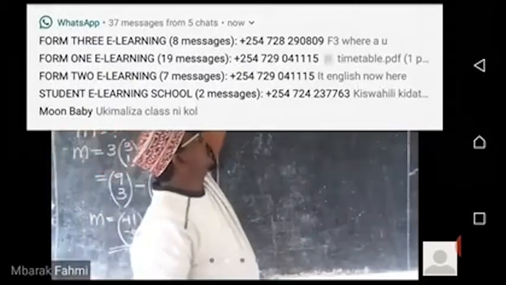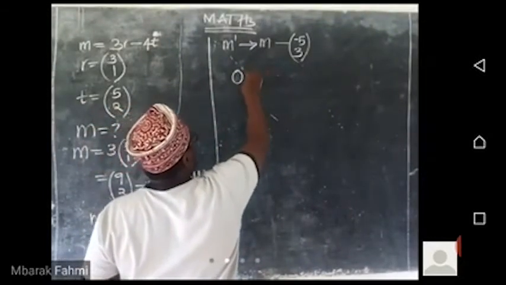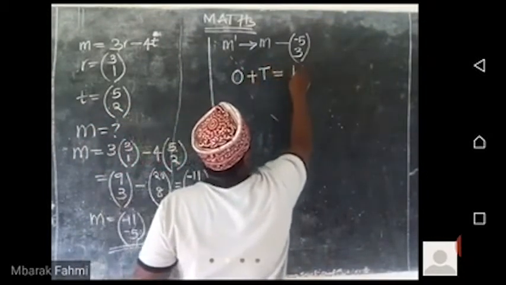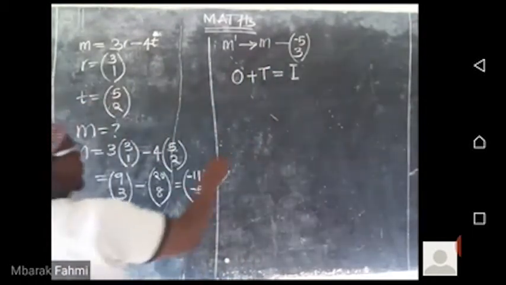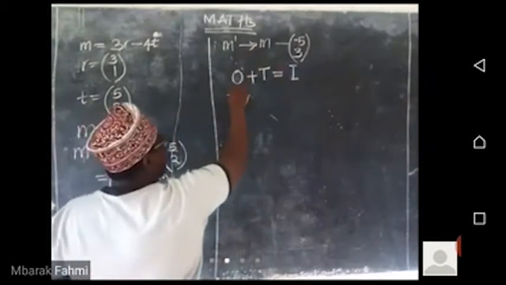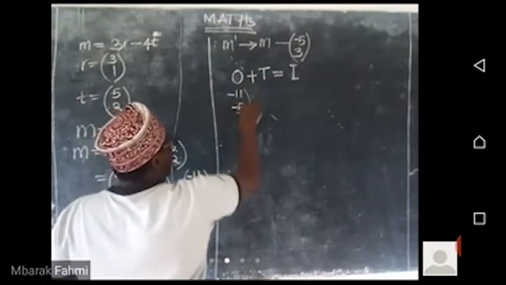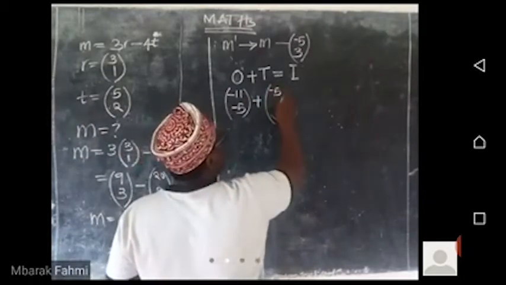To get the image under a translation vector, it is always the object plus the translation vector is equal to the image. So the object is m, which is (negative 11, negative 5), plus the translation vector, which is (negative 5, 3).